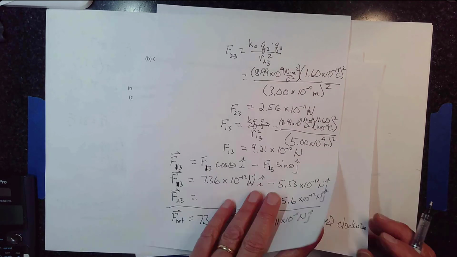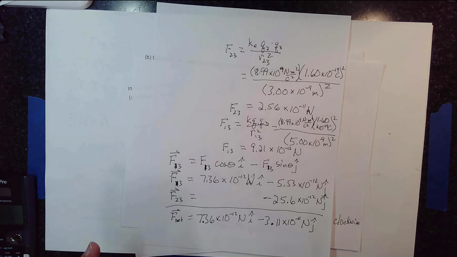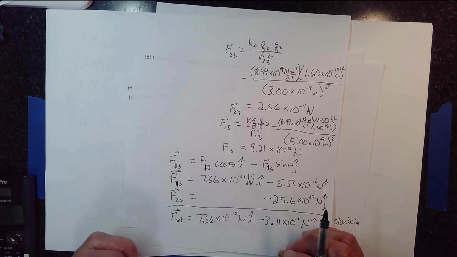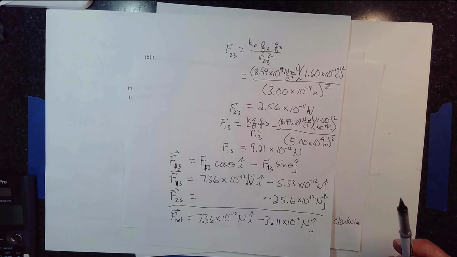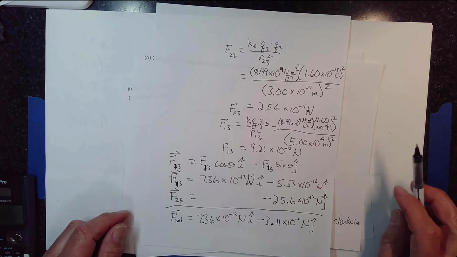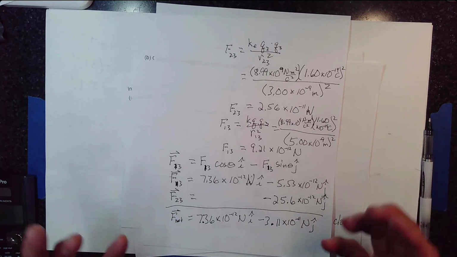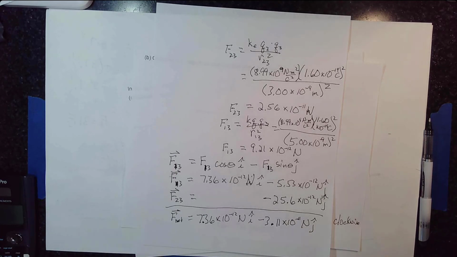But the next idea to consider is if you have a continuous charge distribution, what will be the force on something? And if you start thinking of things that you did in calculus, how do you deal with continuous distributions? So that'll be a future video.